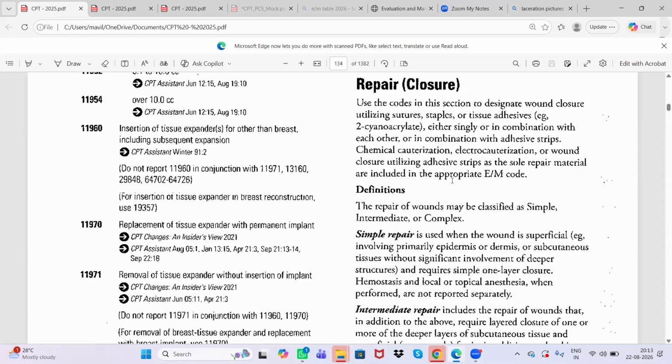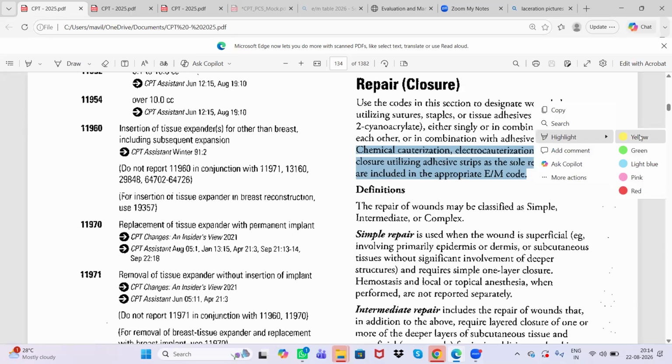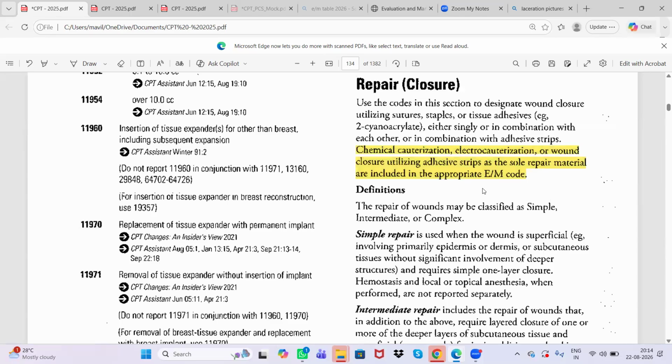We code E/M, not the repair, when the provider used adhesive strips, wound closure, or chemical cauterization. These come under the E/M code, and we should not code the repair. For sutures, staples, and tissue adhesives only, we can code the repair.